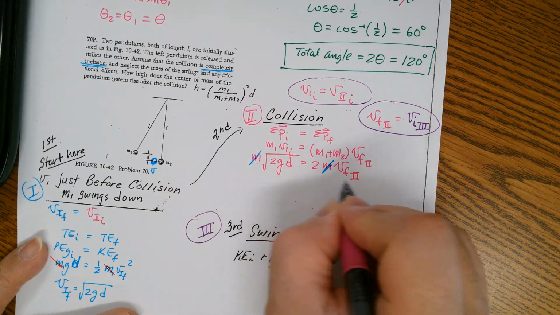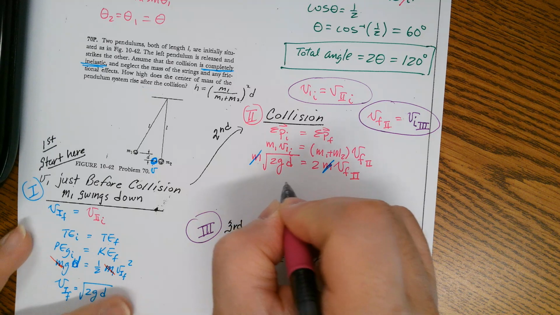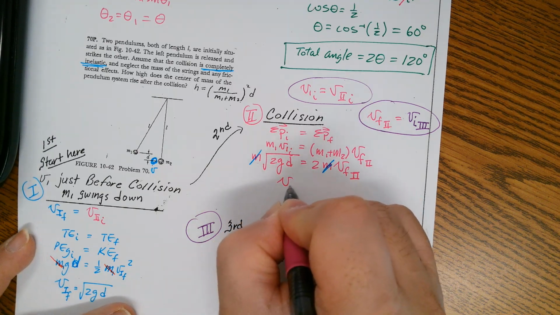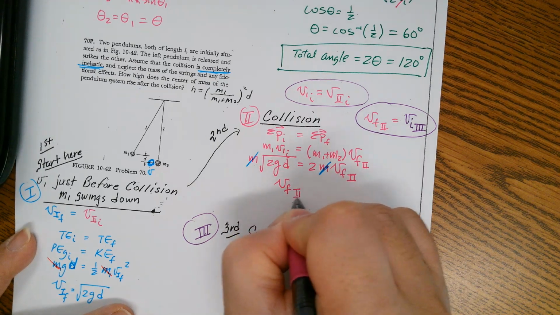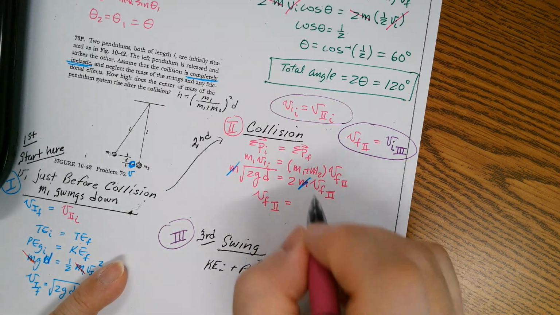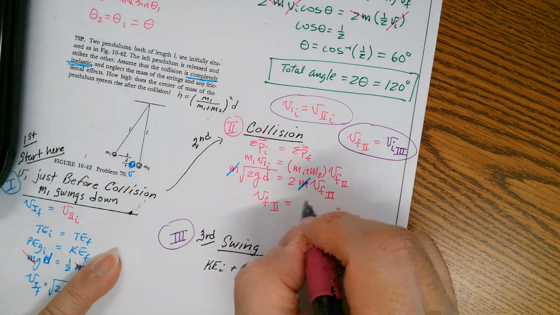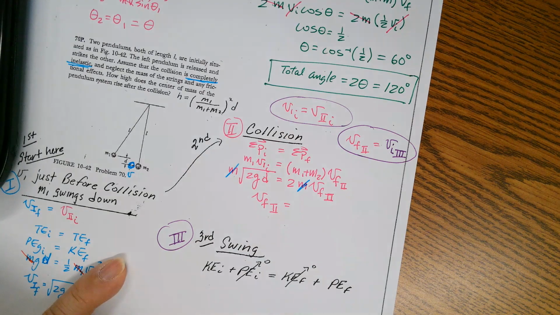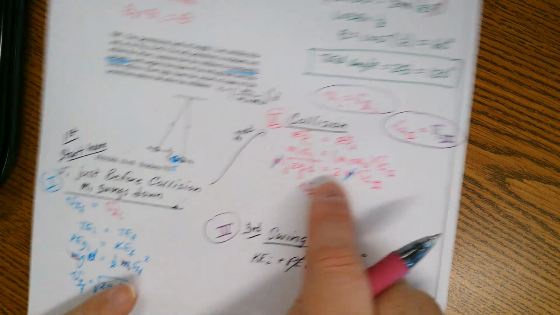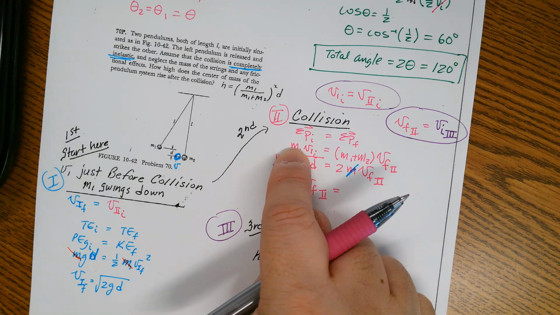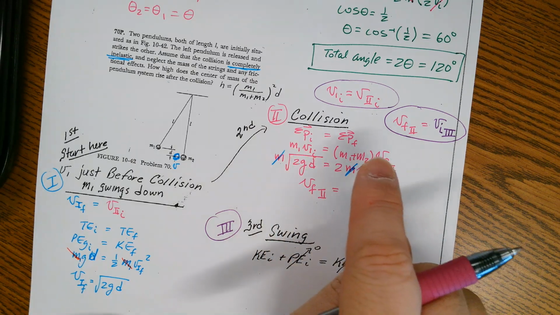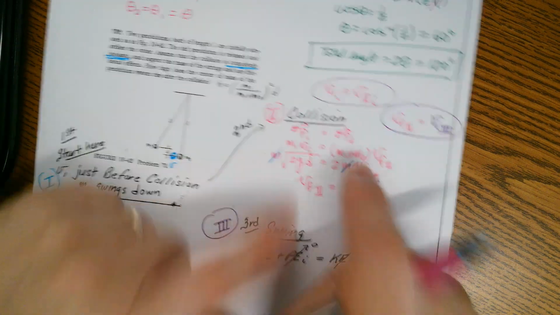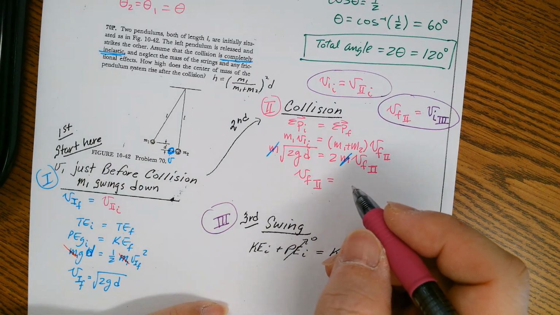Well, let's work it out. I guess we can't really assume that m1 and m2 are equal to each other, so let's not cancel them out. I'm sorry, I thought maybe they were the same masses, but they're not. We cannot assume that.